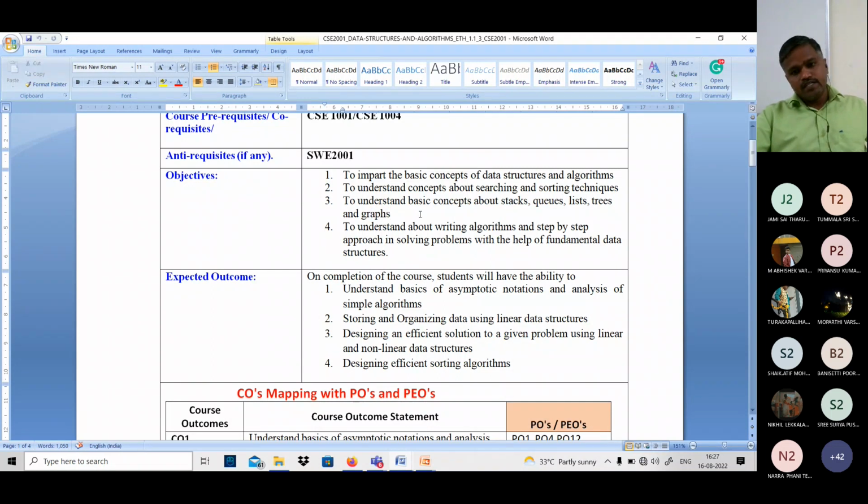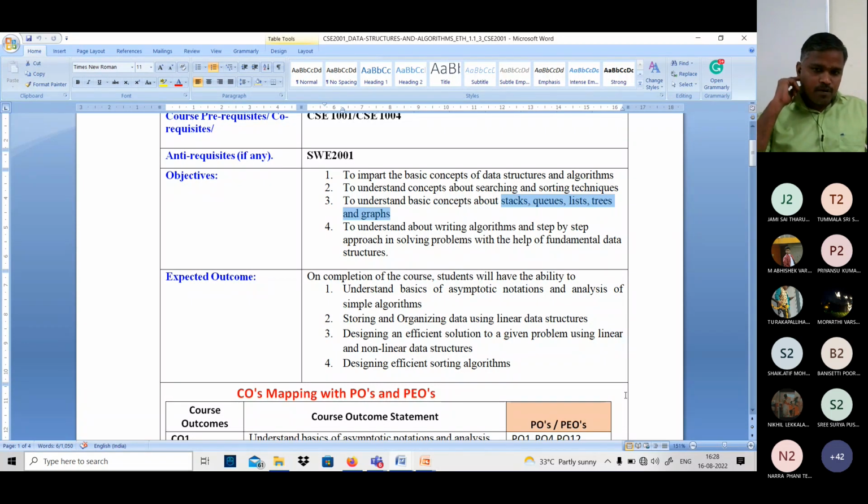The fourth objective is writing algorithms, which is the important one: writing algorithms to solve a given problem with the help of fundamental data structures. What are the fundamental data structures? Stack, array, queue, list, trees, graphs. These are the fundamental data structures.